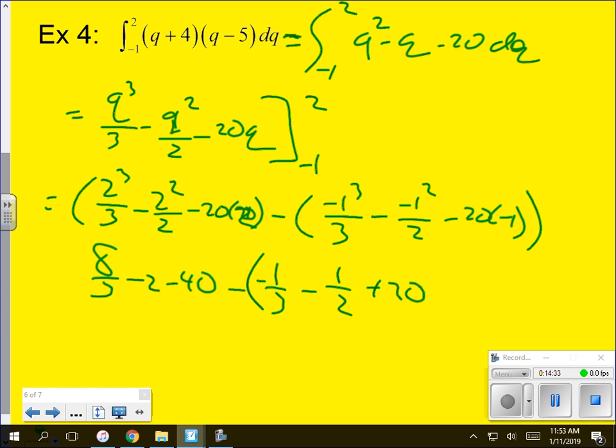So this is that, right? Yep. Yeah. Distribute the negative. Combine up like terms. 8/3 plus 1/3 is 9/3, which is 3, right? So I get 3 here. 3 minus 2 is 1. -39.